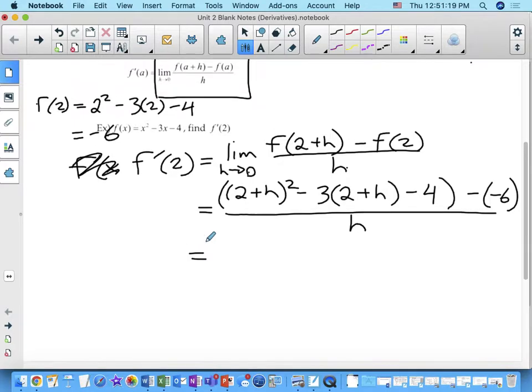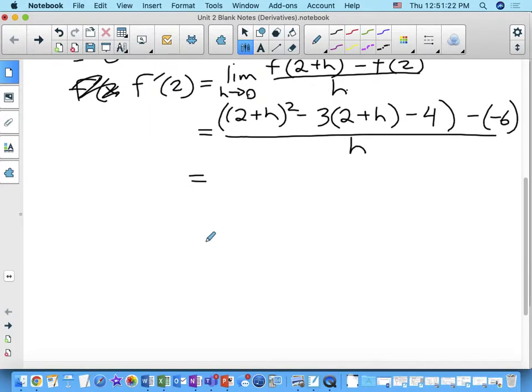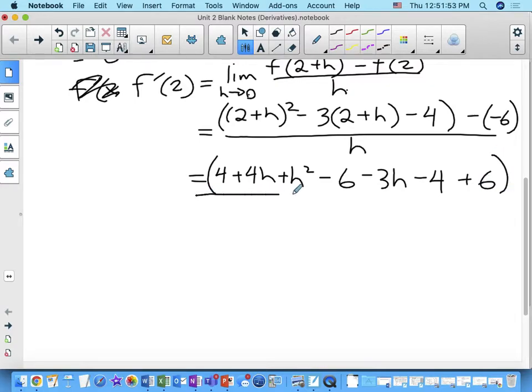Okay, and that is, well, 2 plus h squared is 4 plus 2h plus 2h, which is 4h plus h squared, minus 6 minus 3h, minus 4 plus 6, over h.